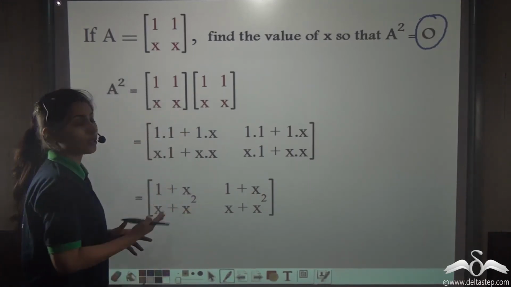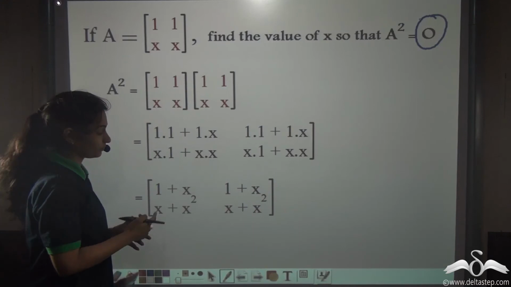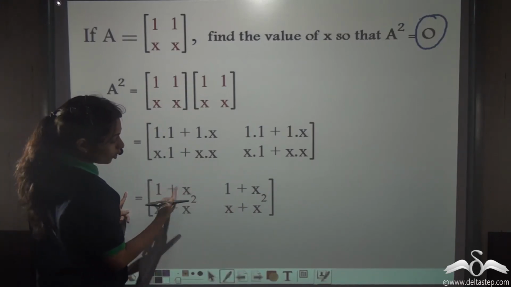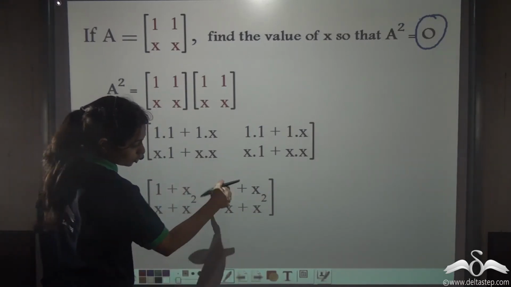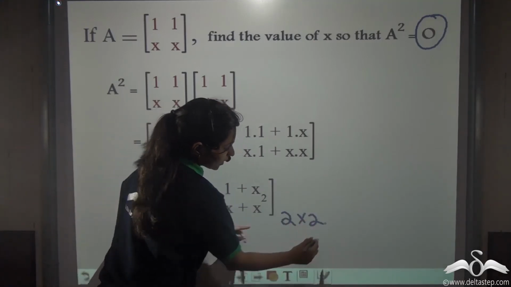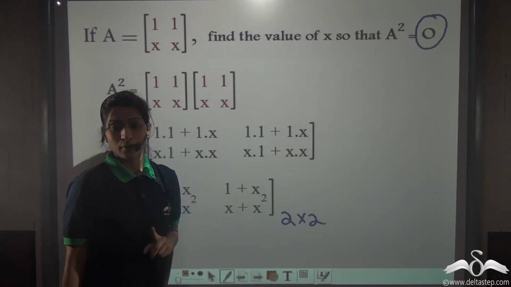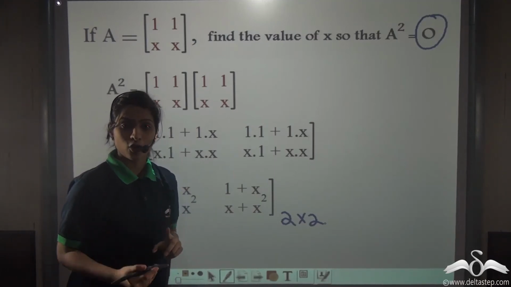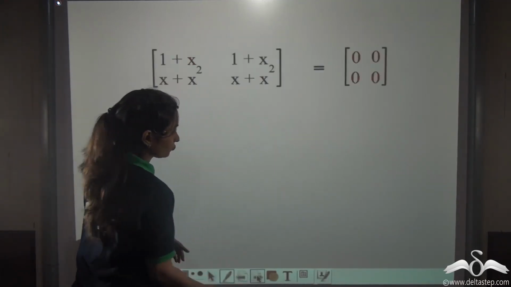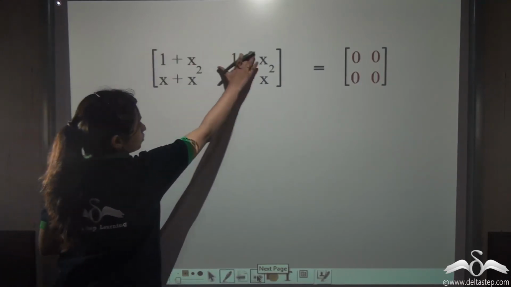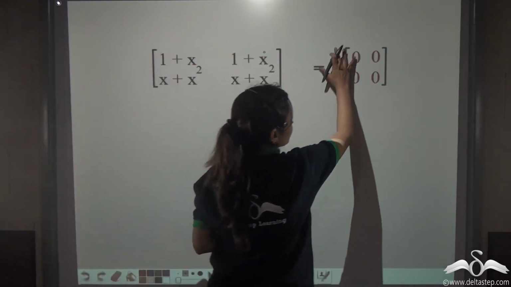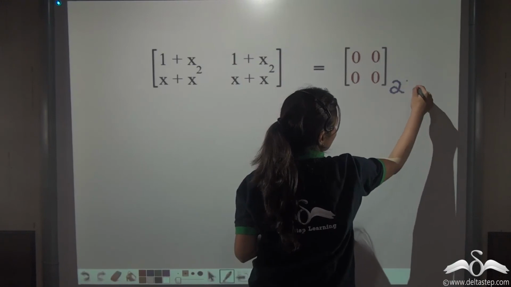So what order will we take for that zero matrix? The same as this. The order of A square is 2 by 2, so the zero matrix that we will take will also be of order 2 by 2. So A square is equal to the zero matrix of order 2 by 2.